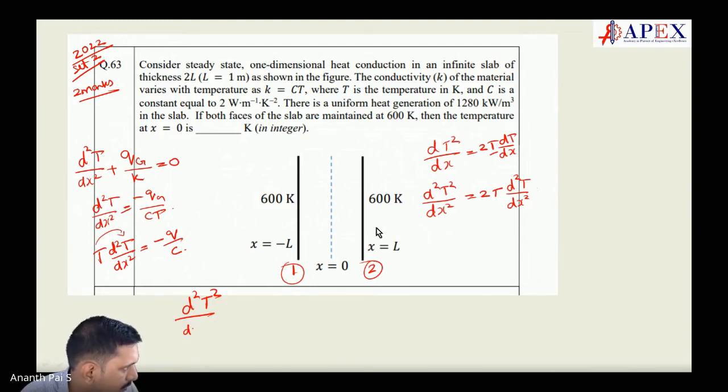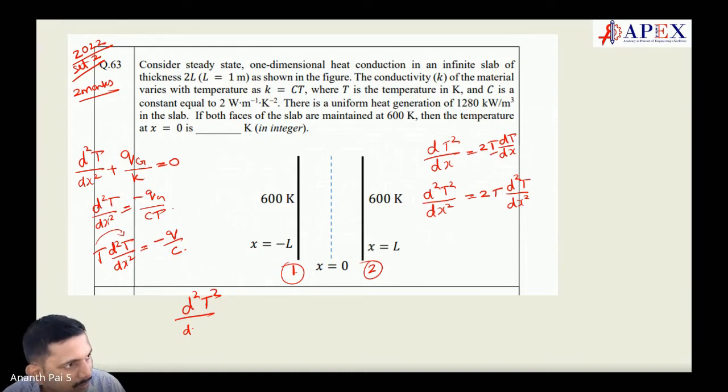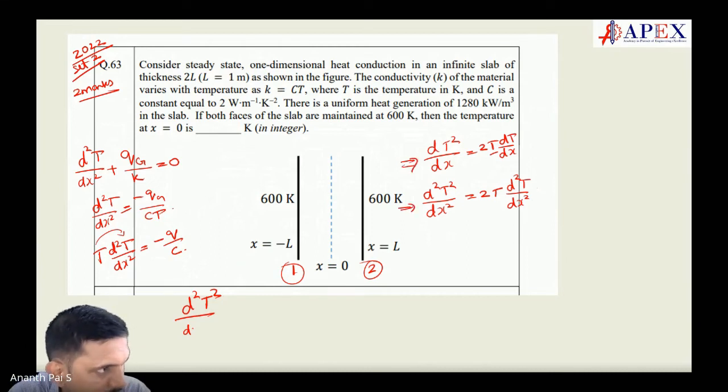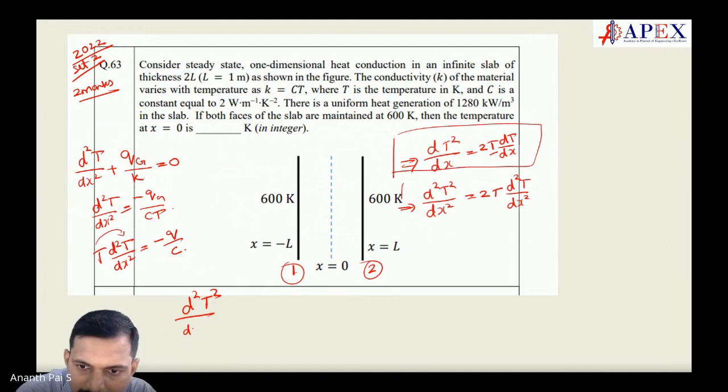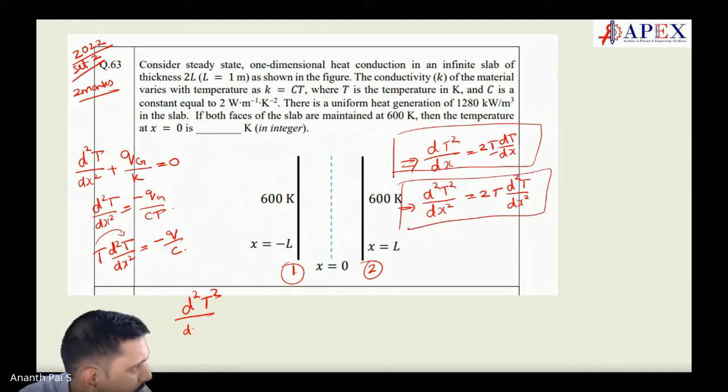Yes or no? Not convinced. We cannot write it like this. Then what should we write? When this is valid, why is this not valid? This is not connected. This is different. Don't connect these two.